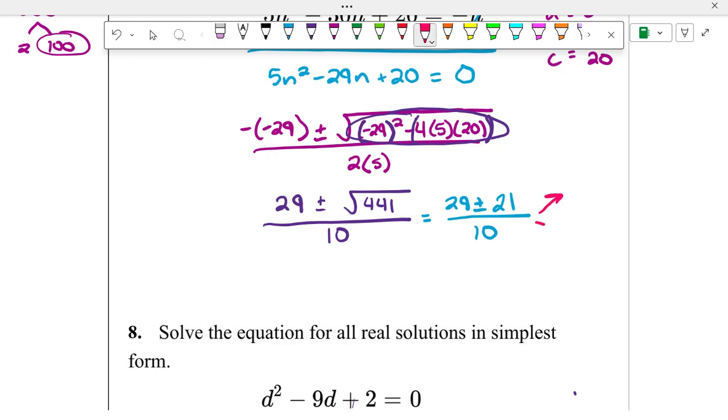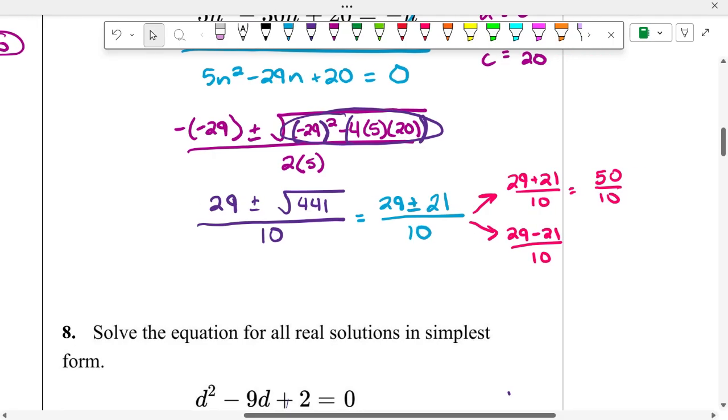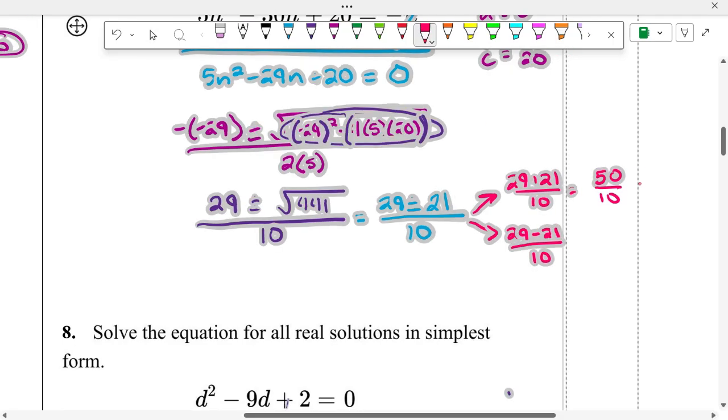So we break it apart to where we're adding the 29 and the 21 over 10, and then we're subtracting the 29 and the 21 over 10. So 29 plus 21 is 50. It's 50 over 10, which simplifies down to what? 5.